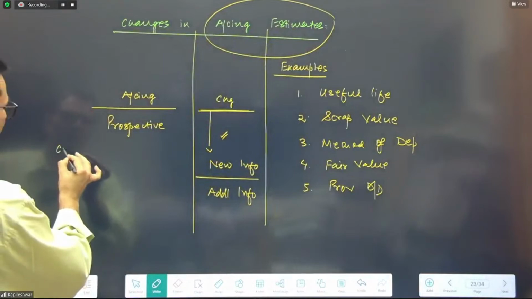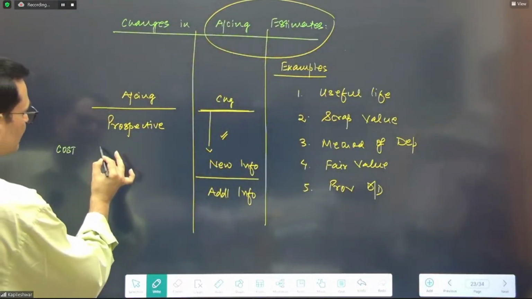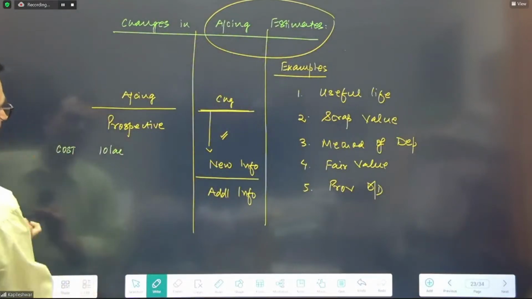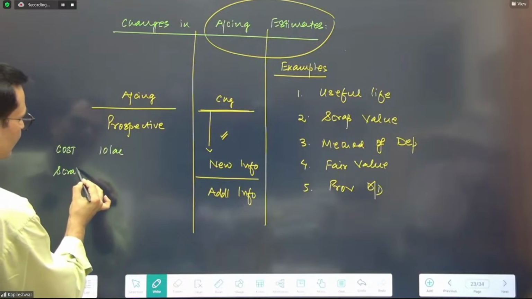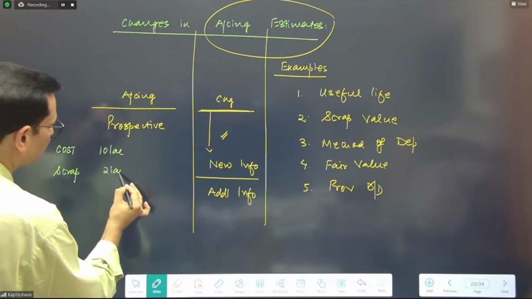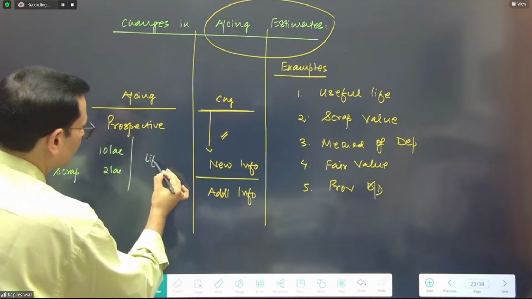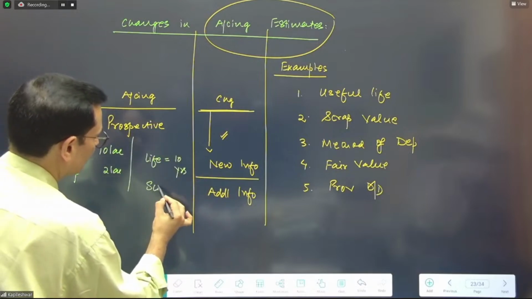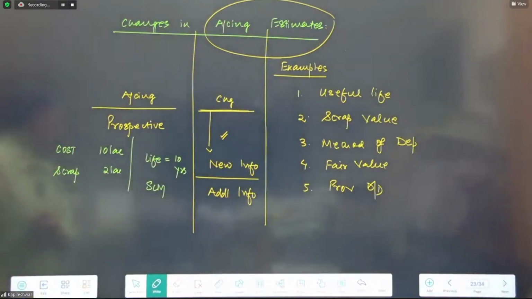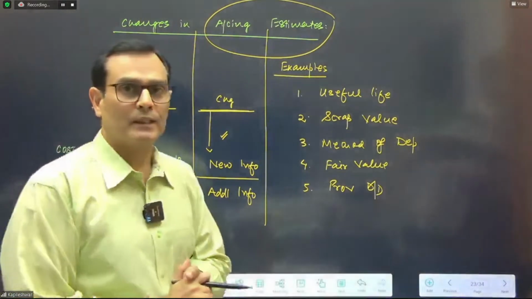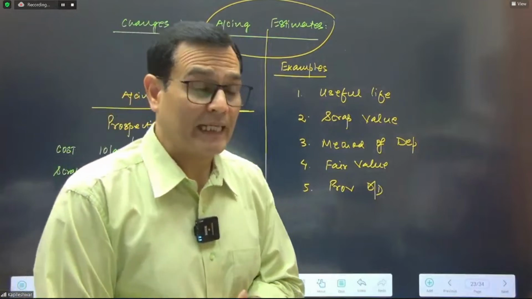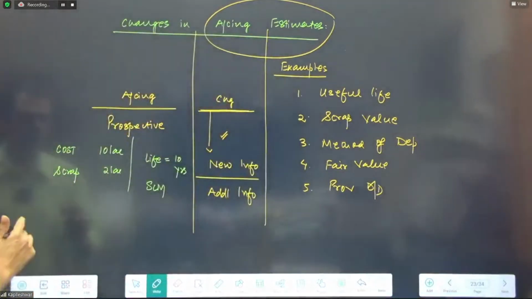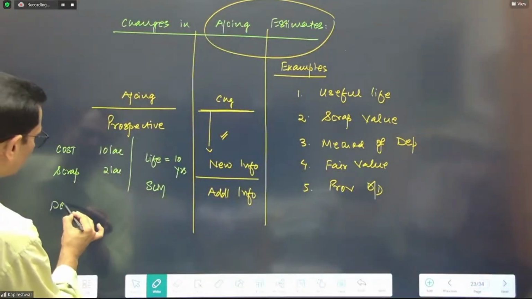Let us say the cost of the asset is 10 lakh, the scrap value of the asset is 2 lakhs, and the life of the asset is 10 years. And I'm using straight line depreciation. So a very simple example. Let me calculate the depreciation per annum.